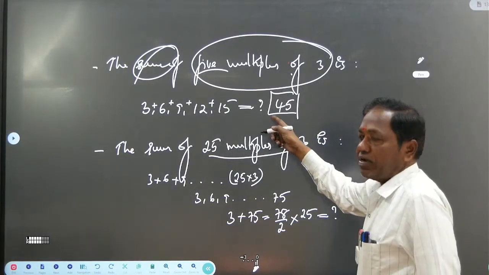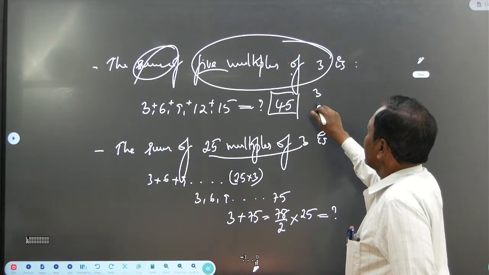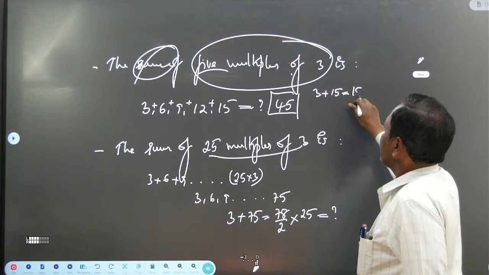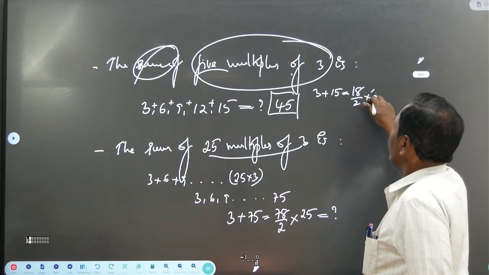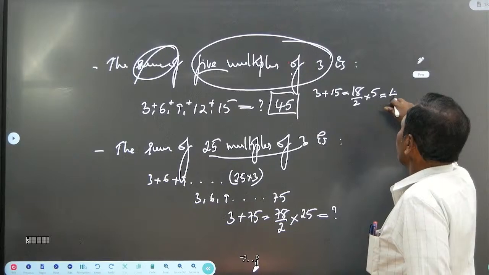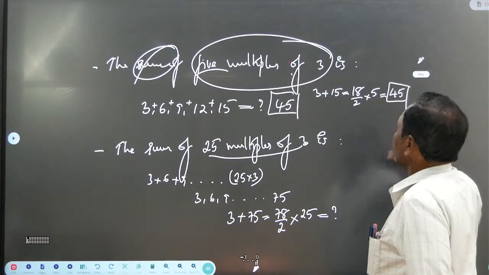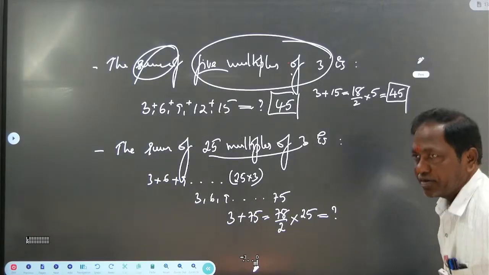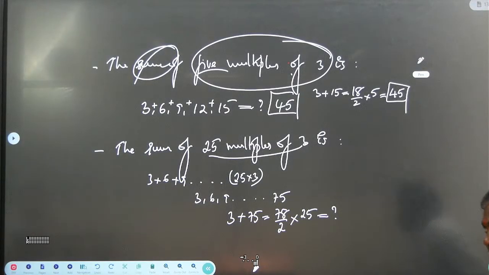Even you can try for this also. So 3 plus 15 is 18, by 2, into 5. It means 45. Right. So now you will get. Again same pattern, same concept.